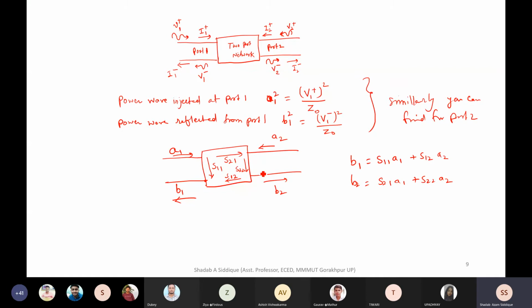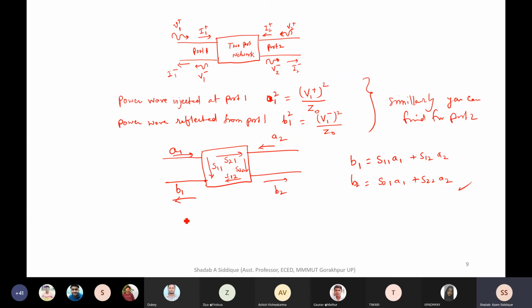Similarly, S12 comes with A2, so S12 A2. Similarly, for B2, it will be S21 A1, which is incident from this side, and S22 A2 from this side. So that will be represented in this form.